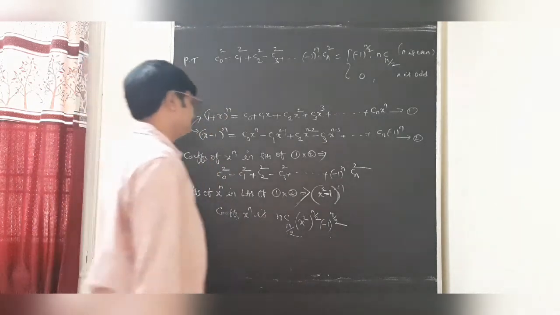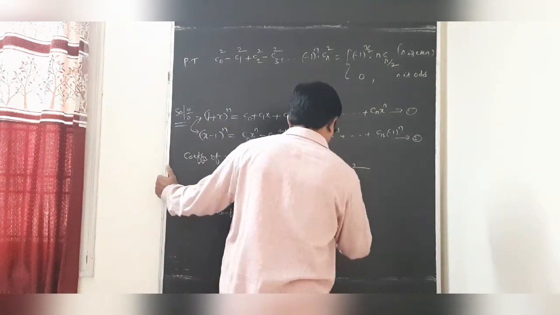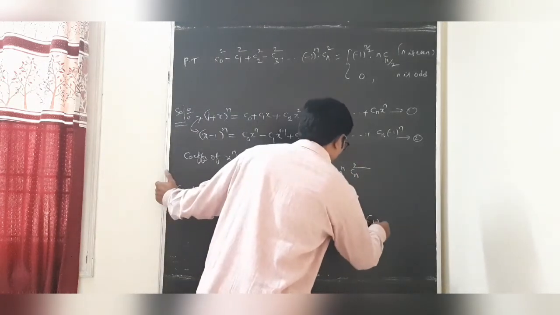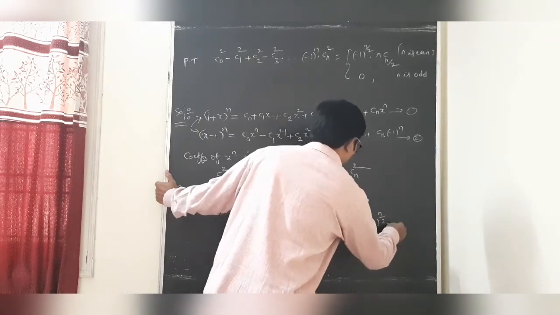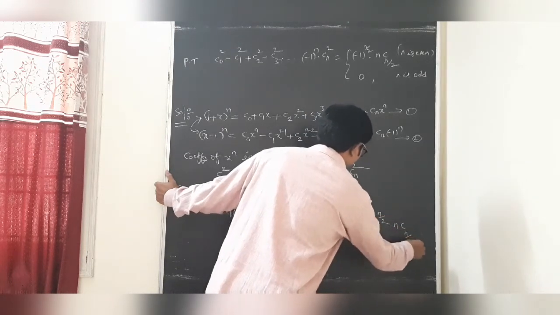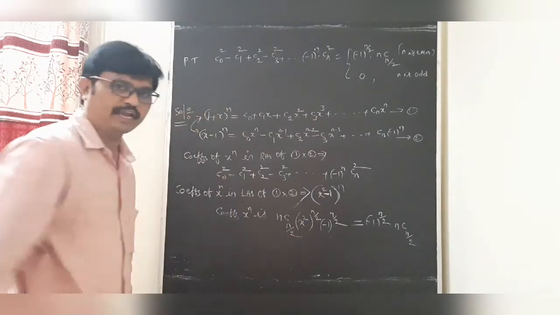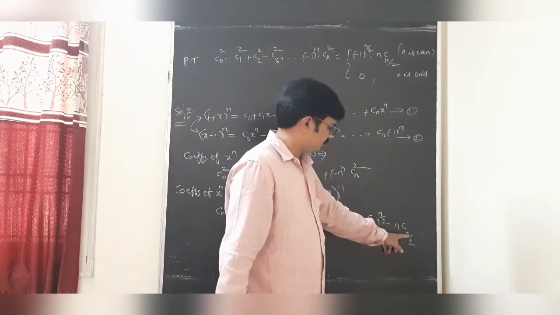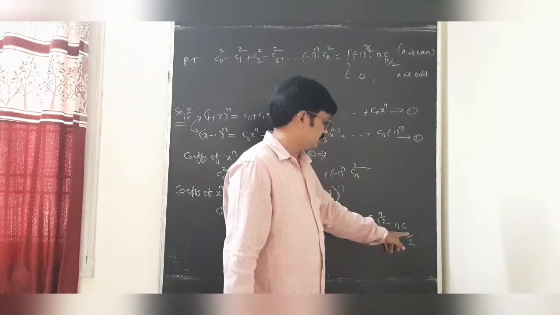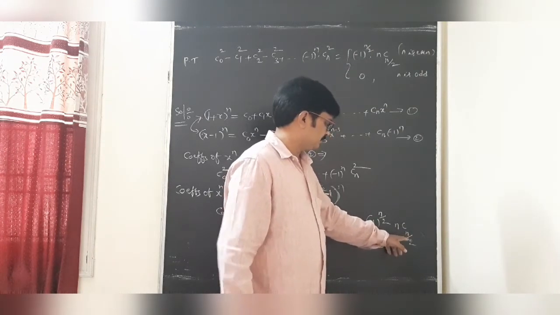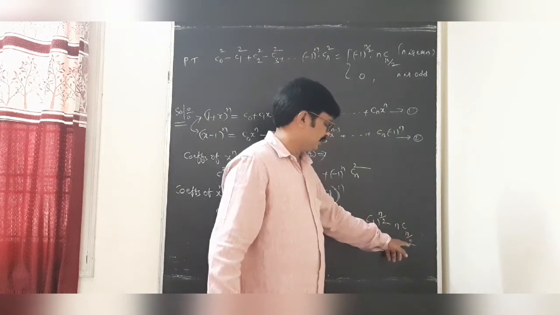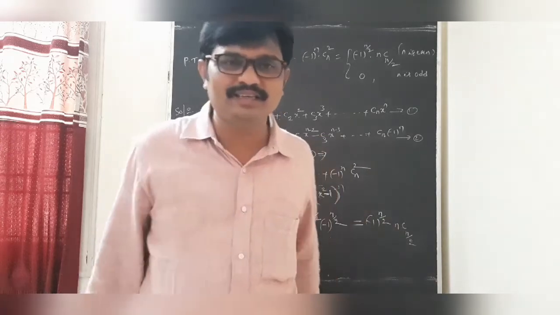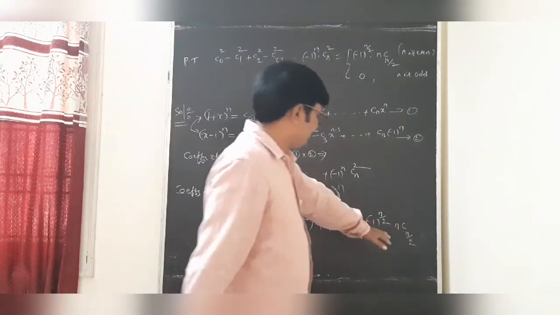Now the coefficient of x power n is, 2 cancel, that is minus 1 whole power n by 2 NC n by 2. This is defined for only n is even. Clearly, NC n by 2, n is even. Undoubtedly students, n is even, 0 by 2, 2 by 2, 4 by 2. It is defined. For n is odd, it is not defined.